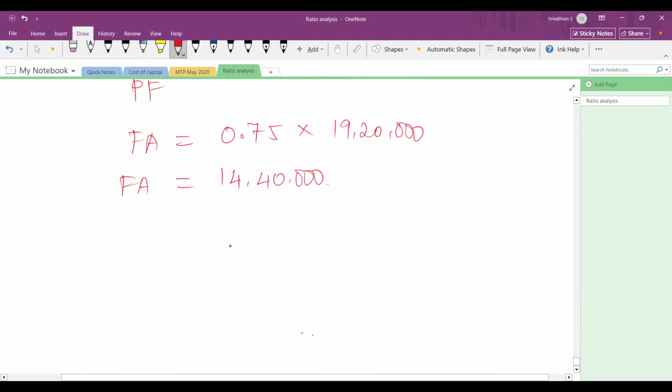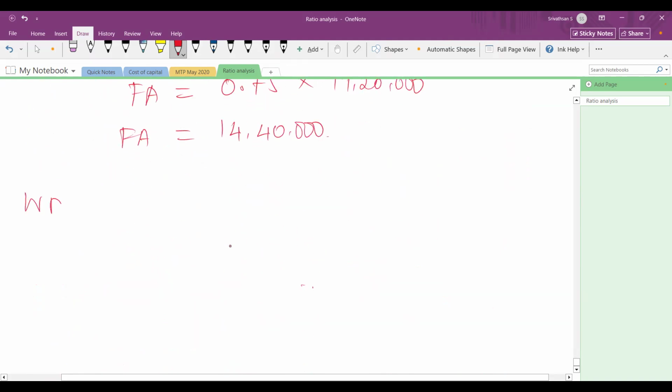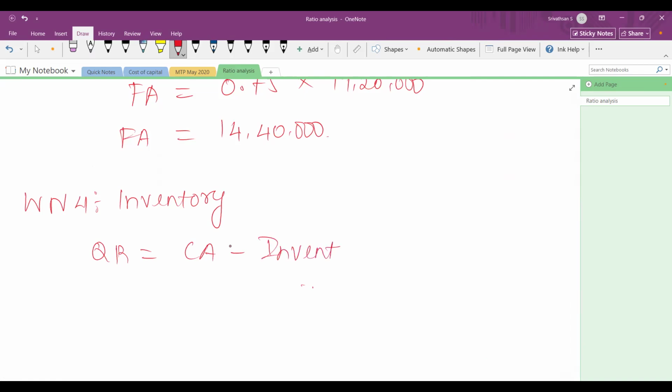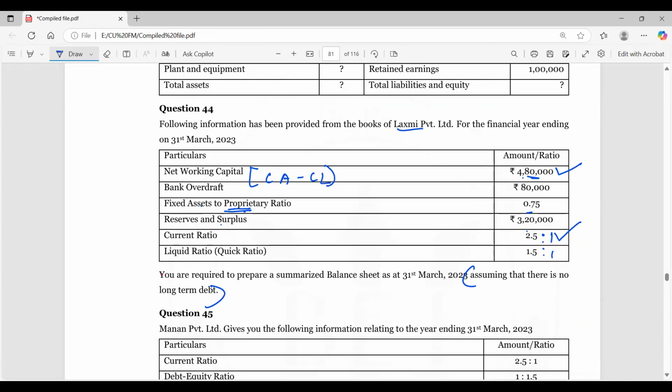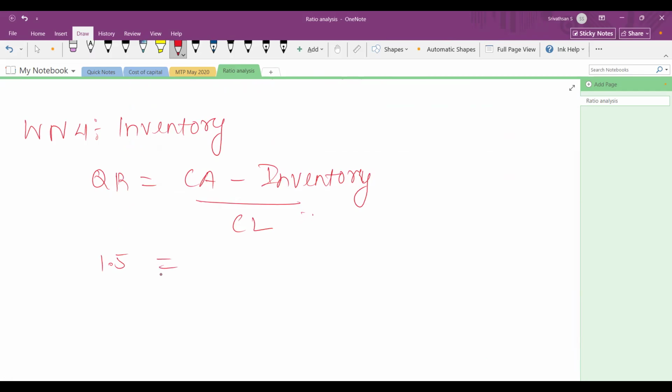Working note number 4, inventory. Quick ratio is equal to current asset minus inventory divided by current liability. What is the quick ratio? 1.5 is equal to current asset 8 lakh minus inventory, we don't know, divided by current liability 3 lakh 20,000.